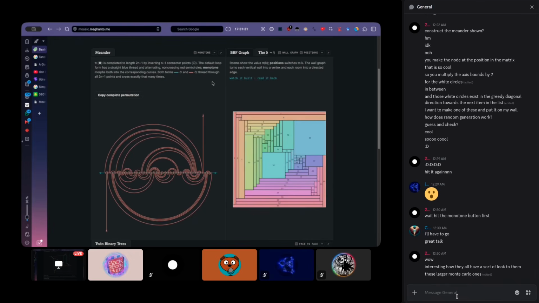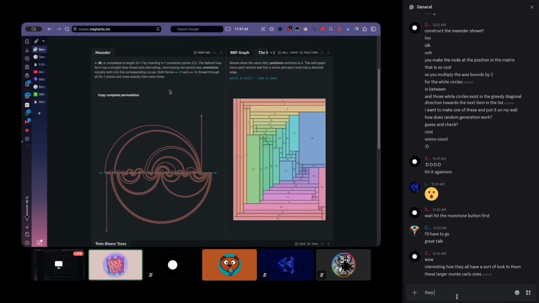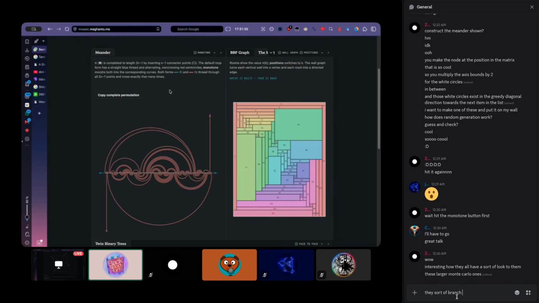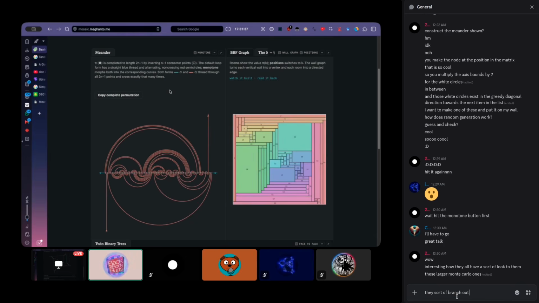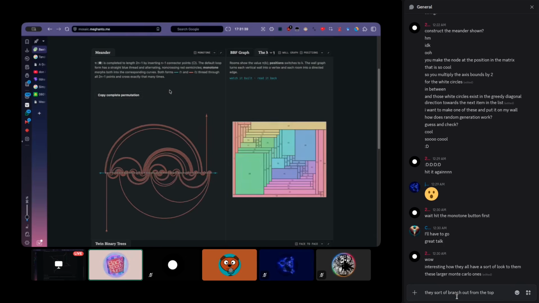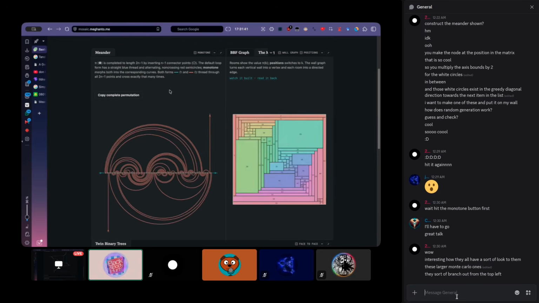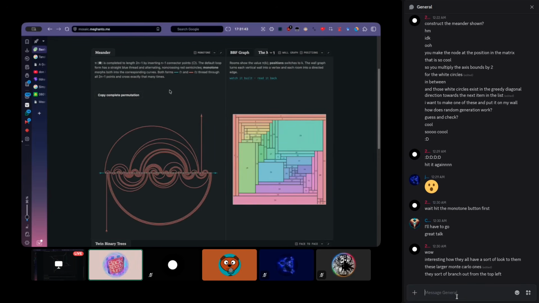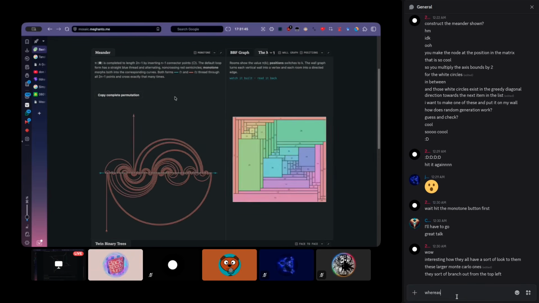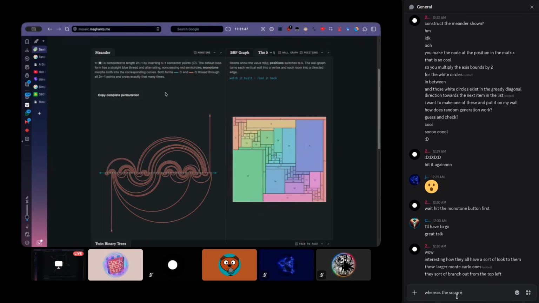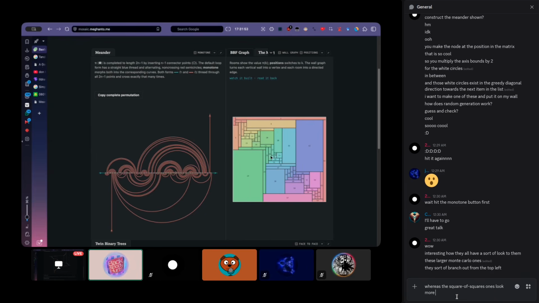The larger Monte Carlo ones, I think there's a lot of other patterns that it just can't figure out using the search algorithm I have. I think it's also the layouting.